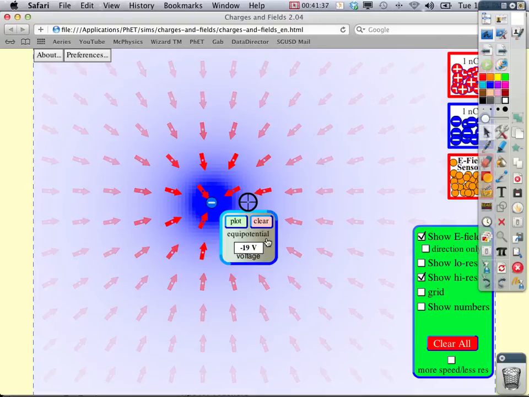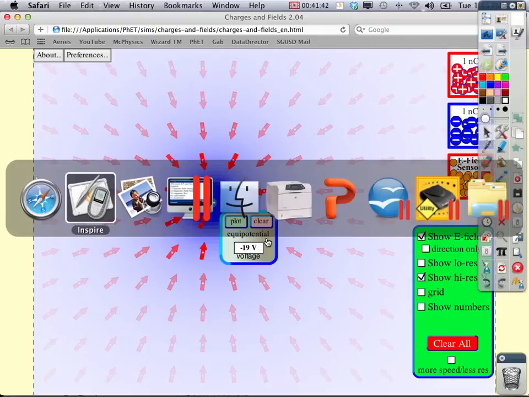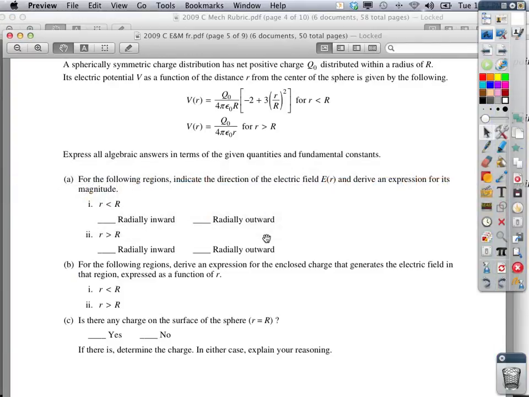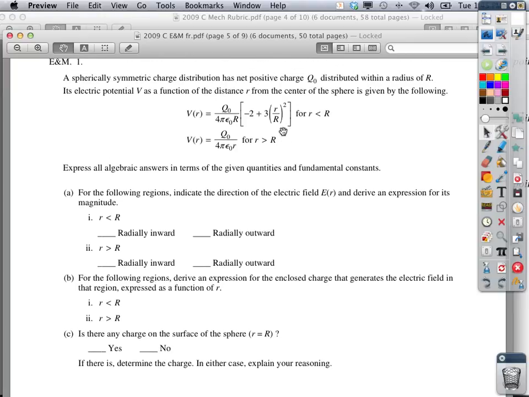Oh, so that's why it matters whether little r is actually bigger or smaller than big R. Exactly. And then, when you look at this, right? When the radius is bigger than big R, there's no negative numbers. So the electric potential is constantly positive, right?